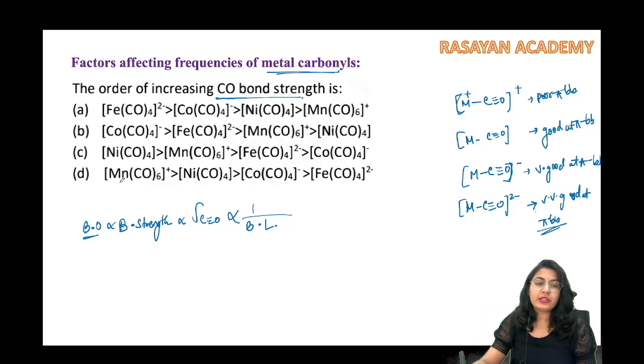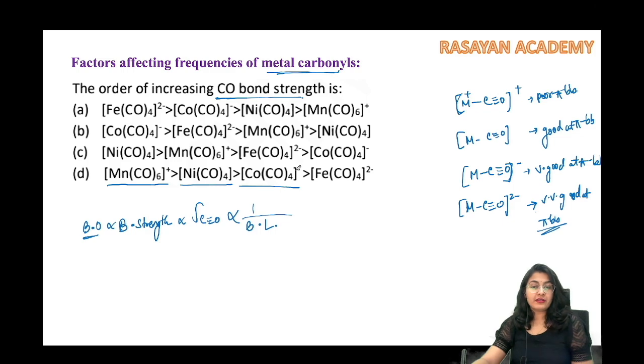So how are we going to answer this question? Who is going to have the maximum carbonyl stretching frequency? The maximum will be the one where you have a positive charge. Then comes the neutral one, then the one having 1 minus charge, and then the iron having 2 minus charge. So this is the correct sequence.